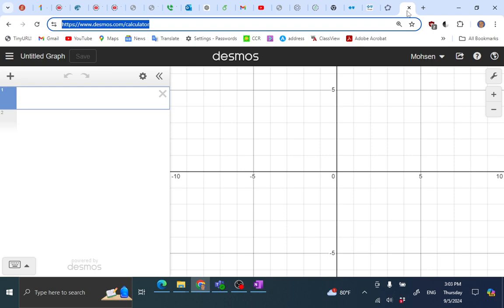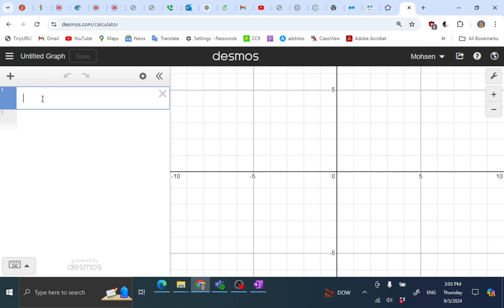Okay, so this is desmos.com/calculator. You can graph your function here quickly, and we can be done with that. Over there we had called it V for the volume.